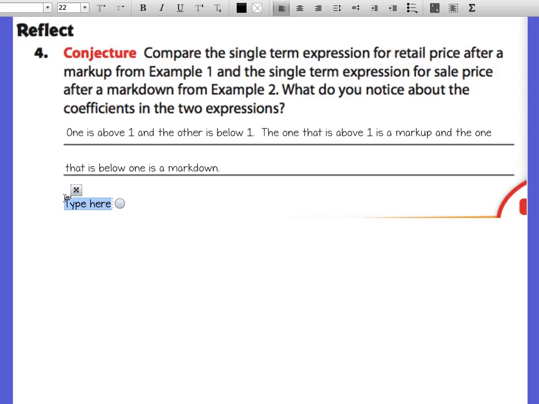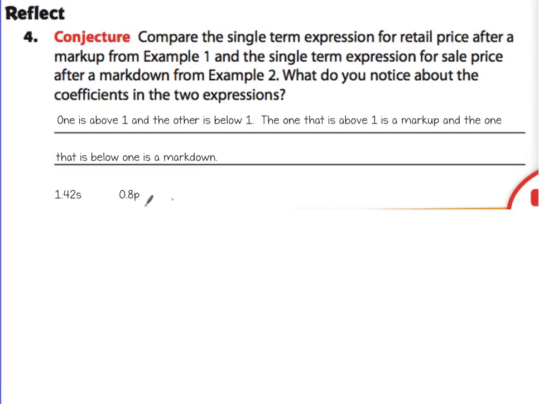So the single term from example 1 was 0.42 S, and the single term from example 2 was 0.8 P. Okay, and actually, I'm sorry, it wasn't 0.42, it was 1.42. So what you should have noticed is that one of them was above 1 and the other was below 1. So this one, again, above 1, this one, below 1.